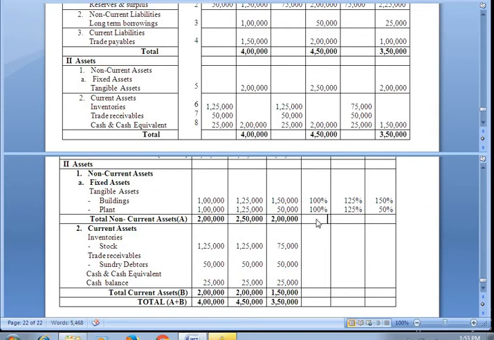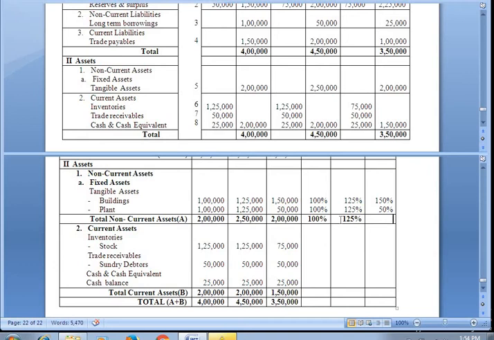Okay. 100%. Next one is 2,50,000 divided by 2 lakh into 100, which is 125%.